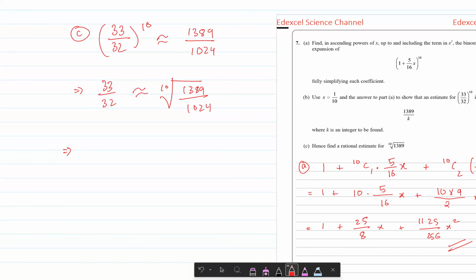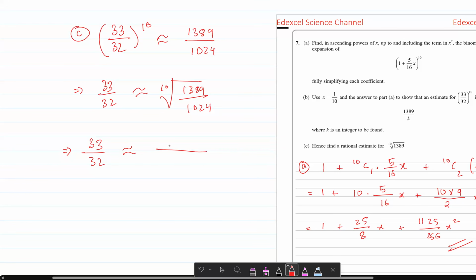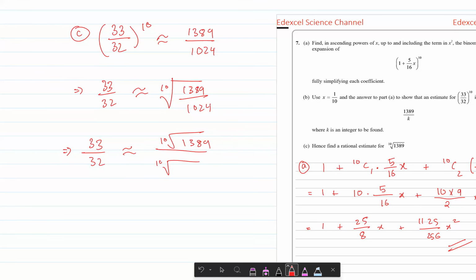Please pardon my handwriting. Now, what I can do is I can split the root over the numerator and the denominator. And now we have found the expression that they are asking us, right? So it was hidden, not exactly in the same form that we want, but by doing some sort of manipulation over here, I have successfully made this expression.